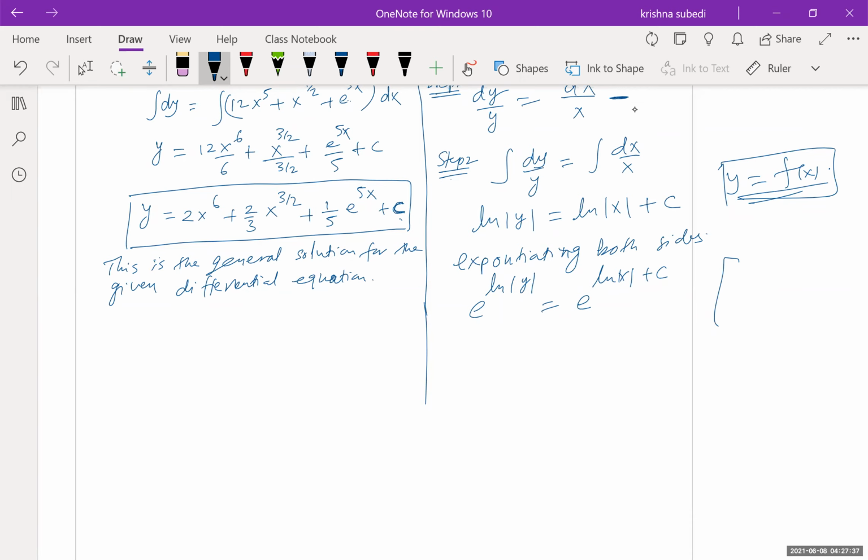So recall from your high school that e to the ln x equals simply x. Remember the logarithmic formula from high school, okay? We know this formula. So using that formula, you're going to get y equals x plus c, right?